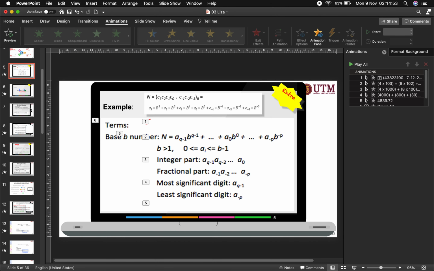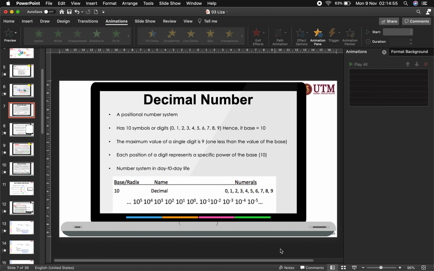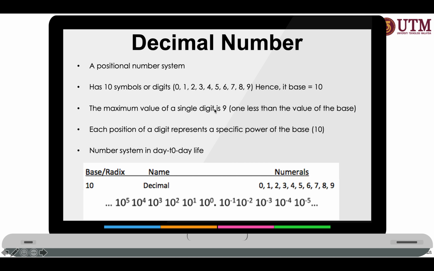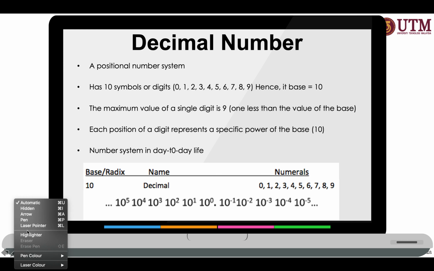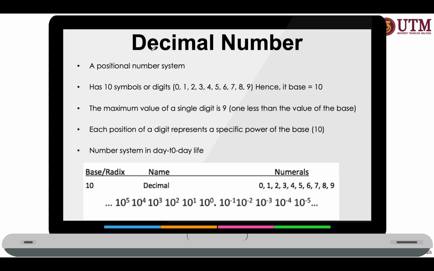Over here you can see that decimal numbers is a positional number system, and of course it has 10 symbols or 10 digits, as I already mentioned in the previous slide. We have 0, 1, 2, 3, 4, 5 until 9, and it is of course base 10.